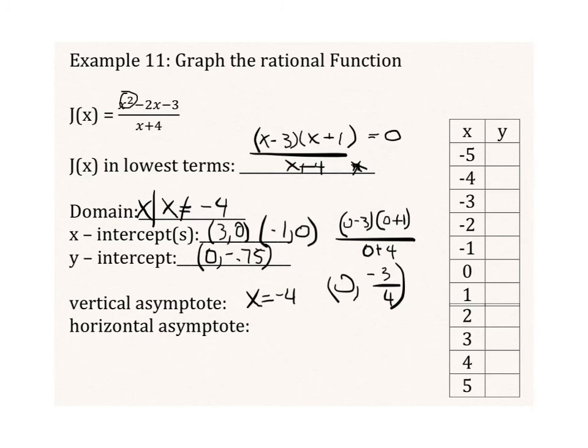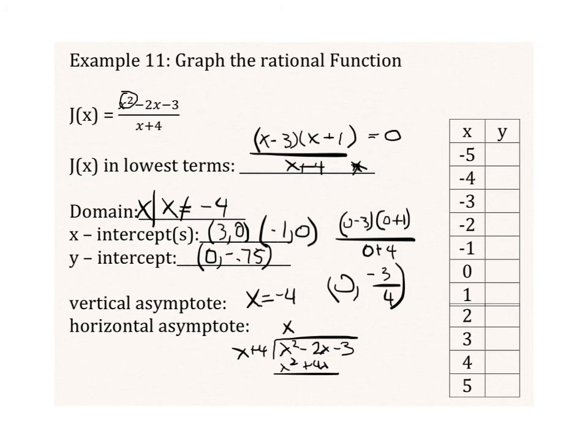So we're going to take x squared minus 2x minus 3 and divide by x plus 4. x goes into x squared x times, x times x is x squared plus 4x. And then we subtract.